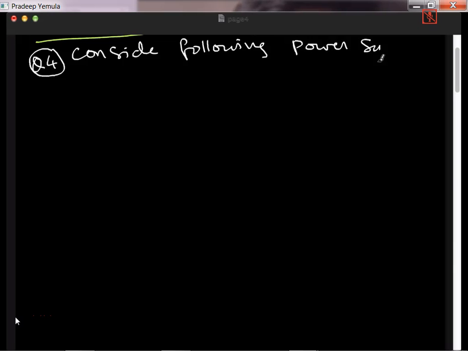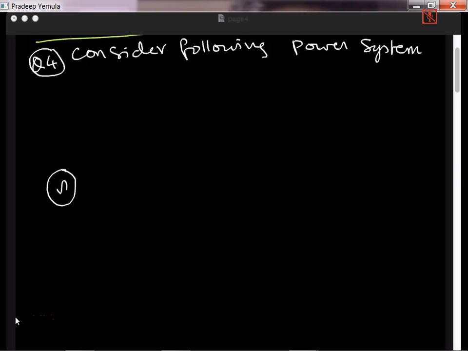Okay, so let me take at least 5 minutes for explaining the question. I'll draw the following system. The system is like this. There is a generator here.